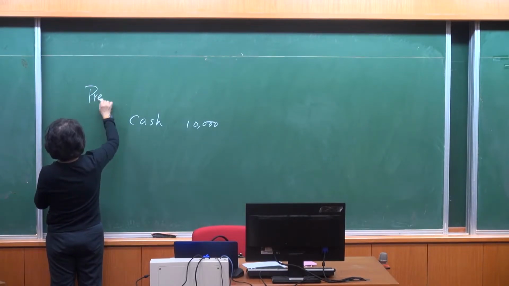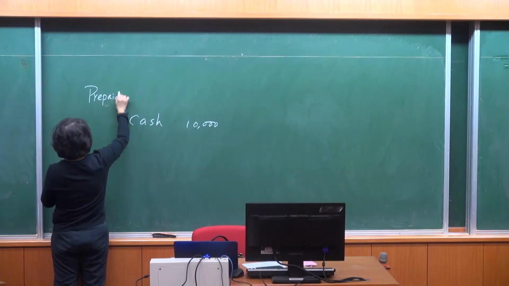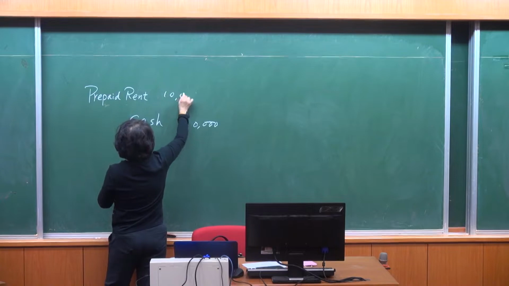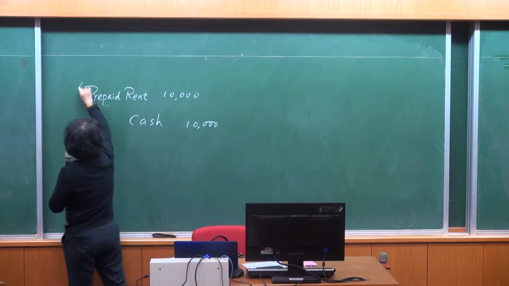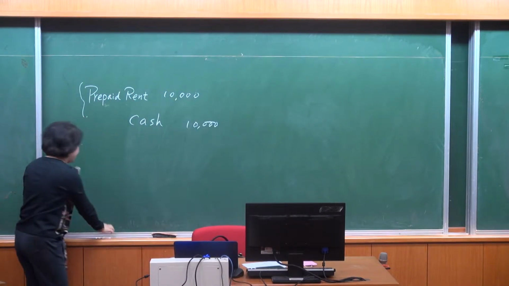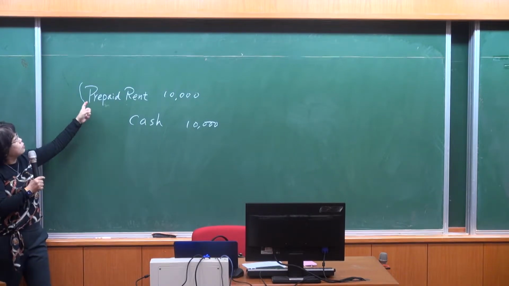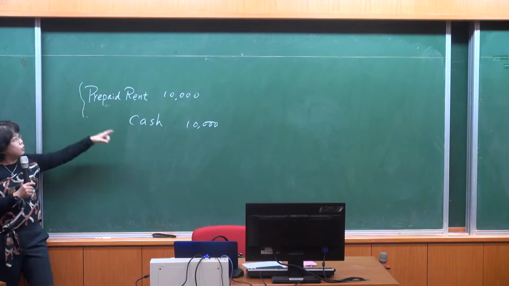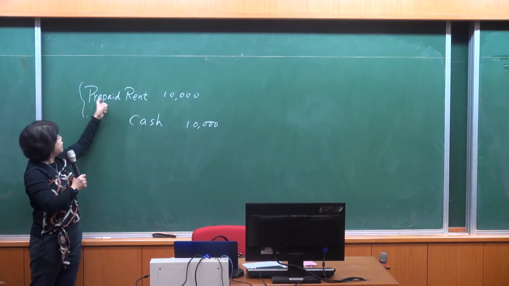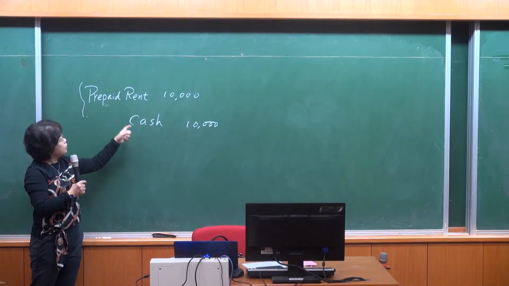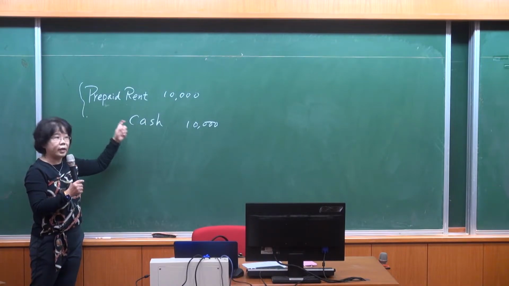So we have an account called prepaid rent for $10,000. That's the original entry you made before when you started renting. Okay? So the prepaid, even though you pay out cash, is still your asset. And you decrease the asset with the cash.